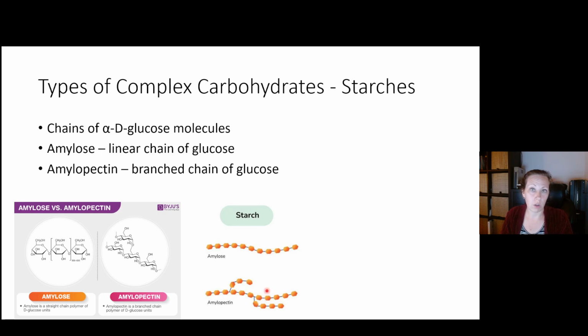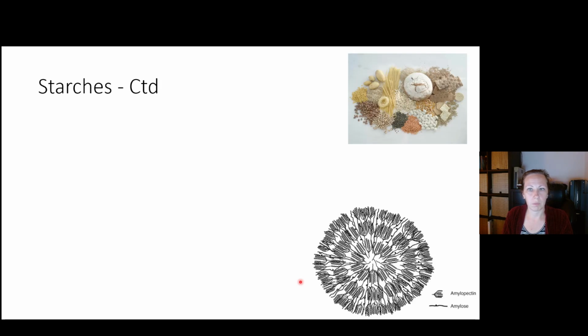So it is also only composed of glucose, but instead of just being one long chain, it's going to be branched out. And they have a little bit different functionality, which we will get to in a little bit.